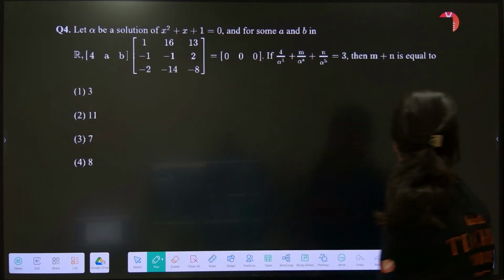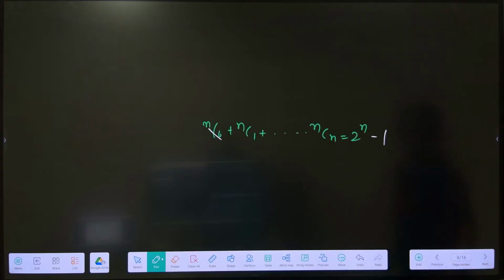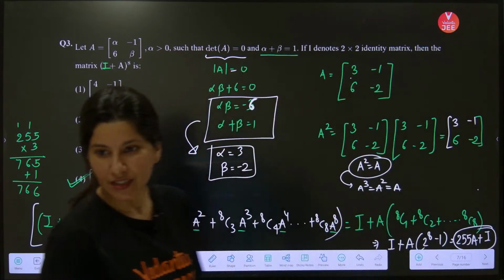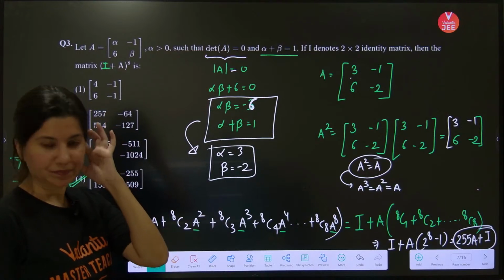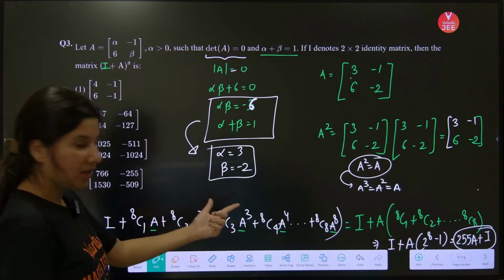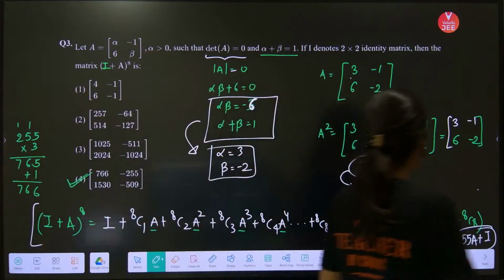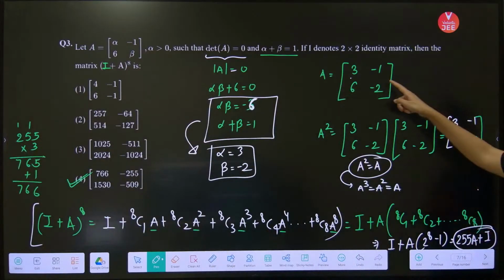Ajay, last step. Okay, see, let me talk about the last step. See, 255A plus I, you got it, na? Till here, everybody is clear? Ajay? Or you're talking about this step. Which step are you talking about? I'm assuming this. Now 255A you have.